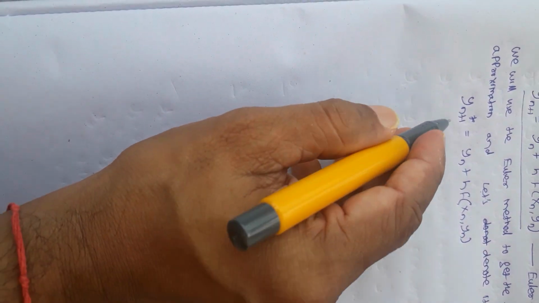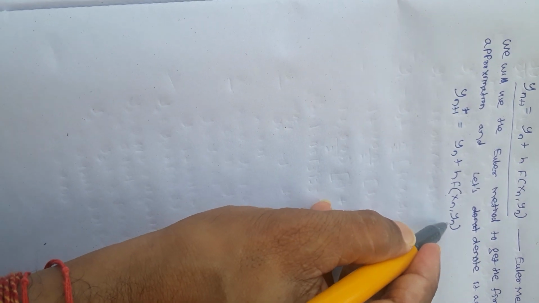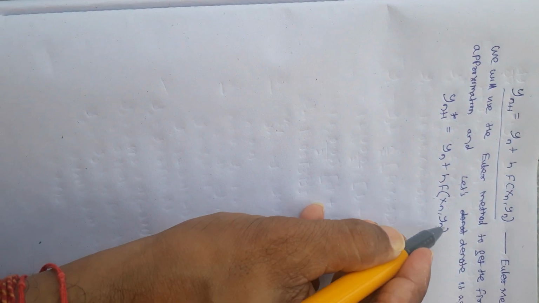Now we will improve the approximation by taking the average of f of x n, y n and f of x n plus 1, y n plus 1 star.